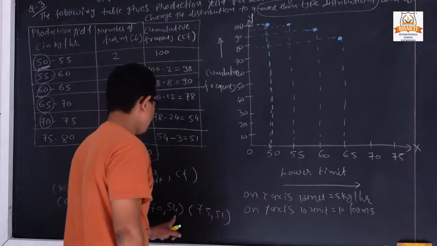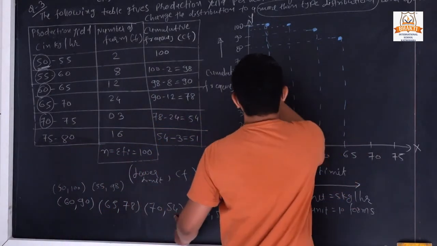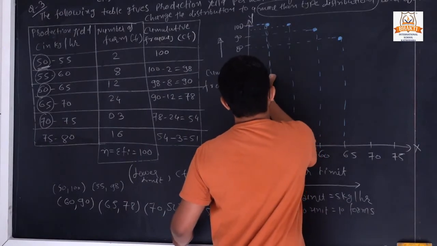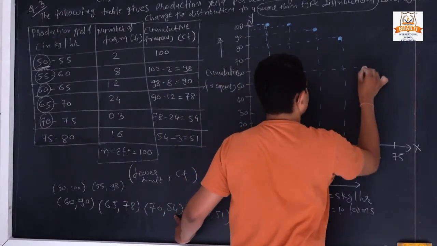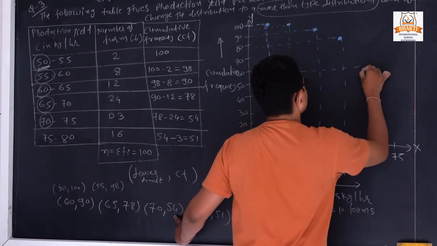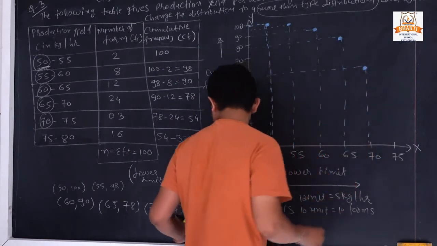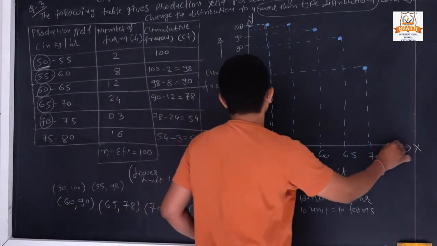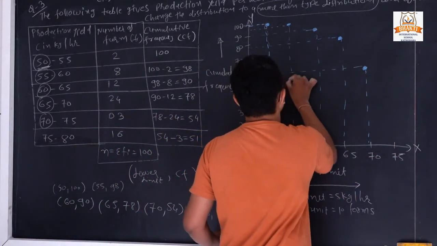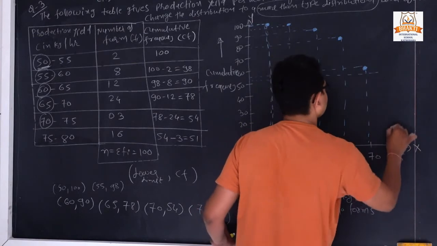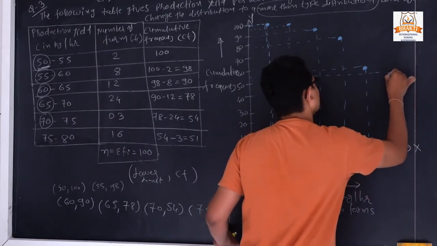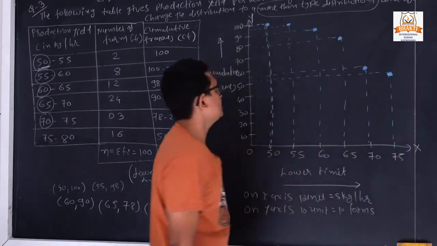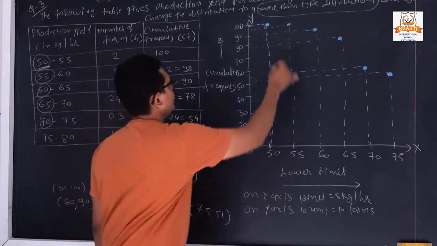Then 70, 54. So 54 is here. Last 75, 51. So we can get all the points. Now join.